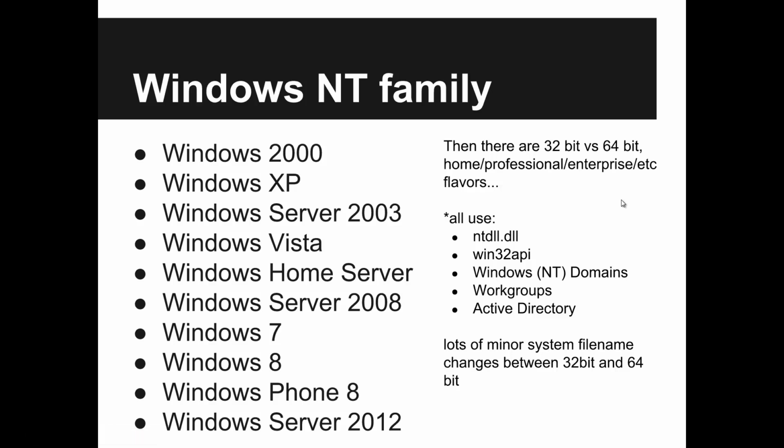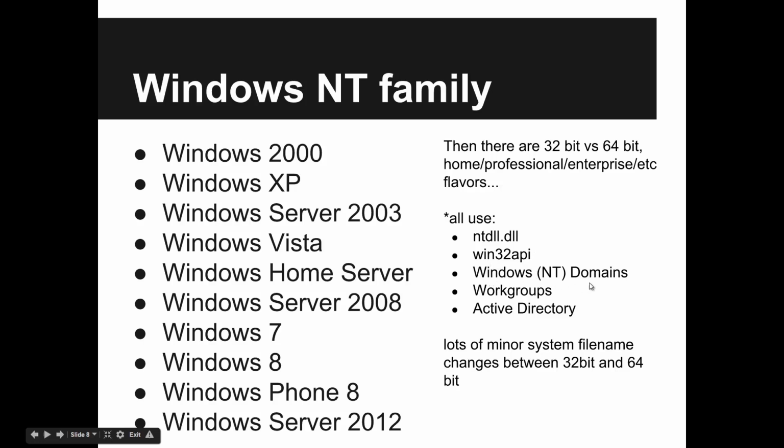The Windows NT family spans from Windows 2000 to Windows 8 and now more recently Windows 10. Each of these uses some core layers and components of the Windows architecture, most commonly NTDLL.dll, as well as the Win32 API.